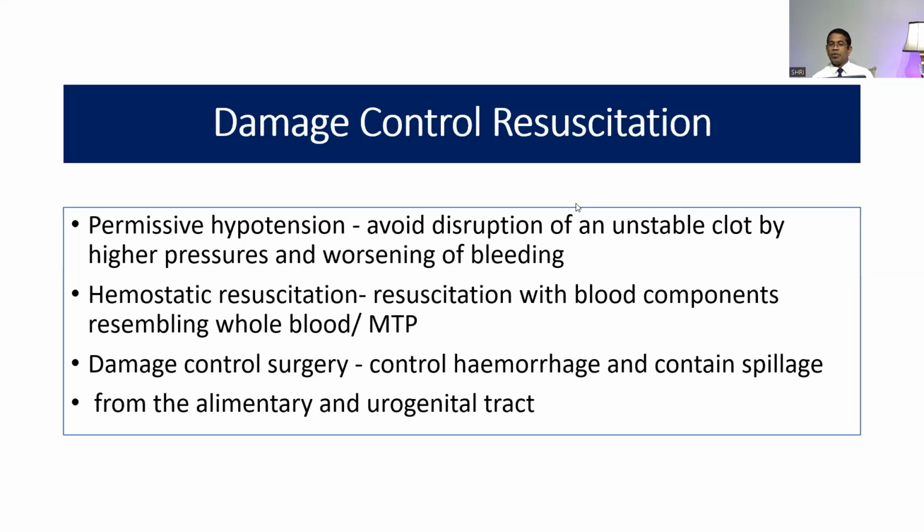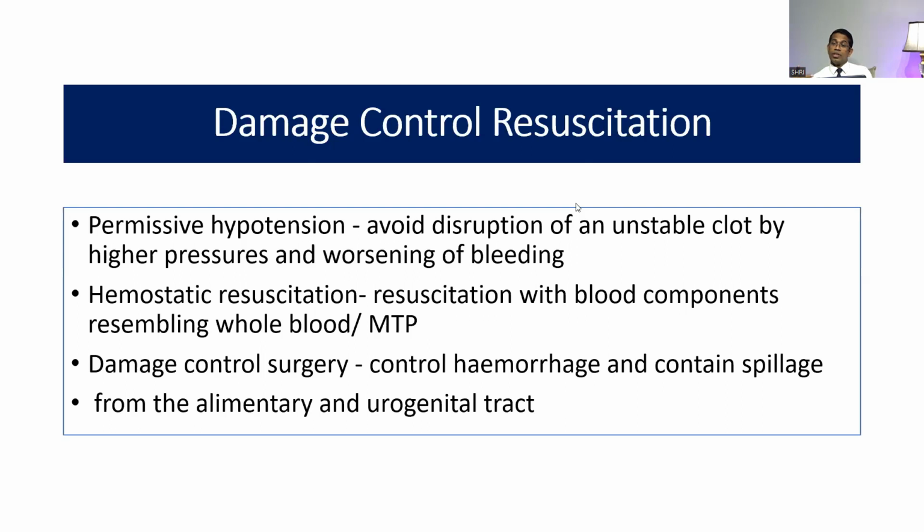What are those 3 components? I will mention again. The first is permissive hypotension. Why do you want permissive hypotension? Suppose I am coming with a significant liver laceration, and my systolic blood pressure is 60.